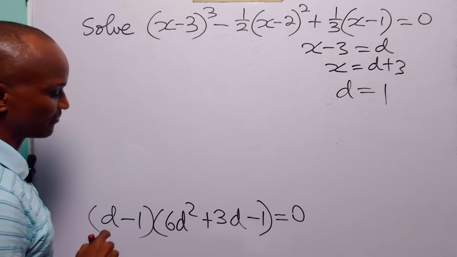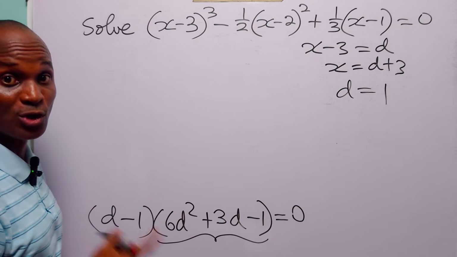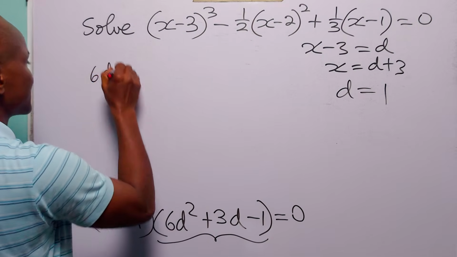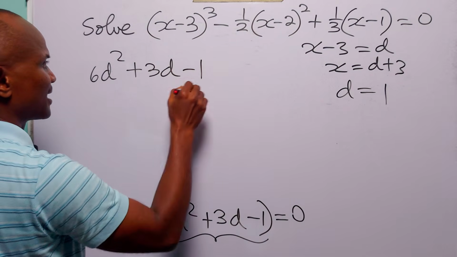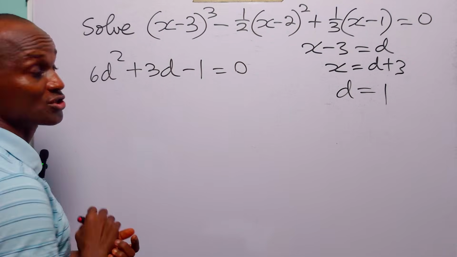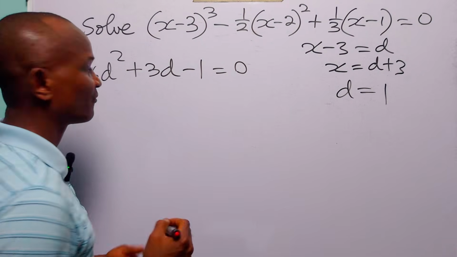The final thing we have to do is to solve this quadratic equation to find the other two values of d. We have 6d squared plus 3d minus 1 is equal to 0. Now, we cannot solve this quadratic equation by factorization, so let us use the quadratic formula.